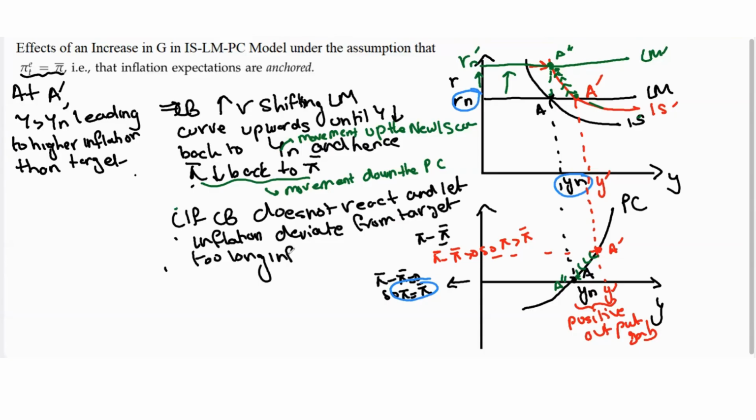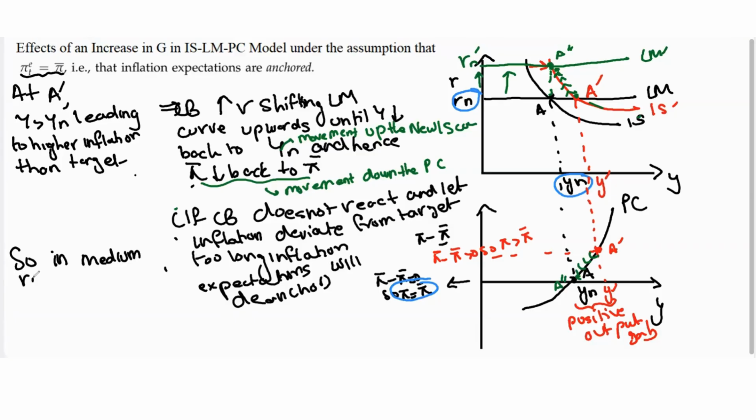So the central bank will have to react, reduce output back to potential so that inflation goes back to pi bar. Wage setters would start expecting higher inflation and inflation would keep on increasing, right? So we reach medium-run equilibrium with the help of the central bank.